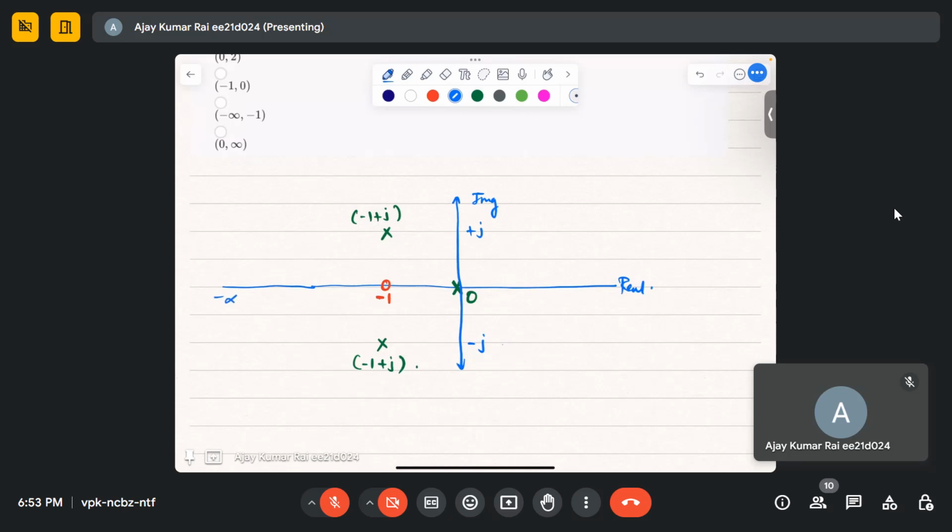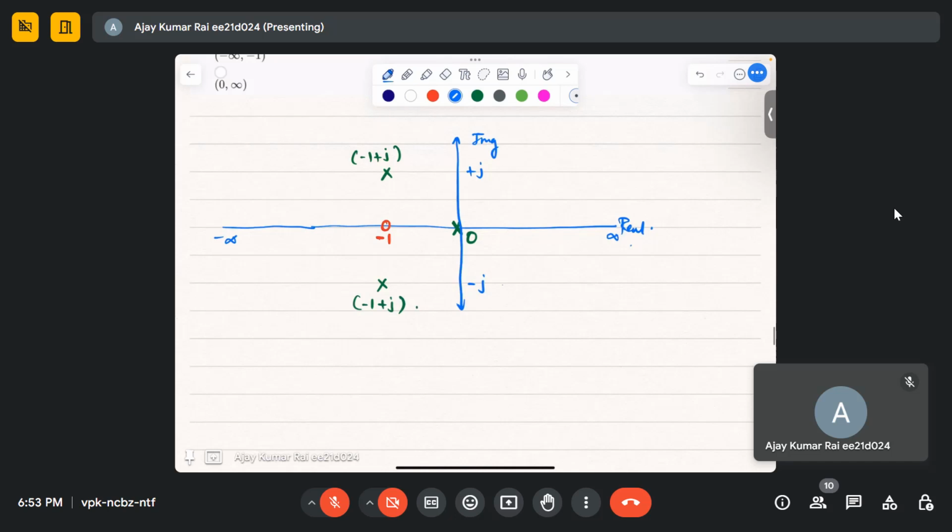So let's consider three regions here. The first region is from -infinity to -1, the second from -1 to 0, and the third from 0 to infinity.